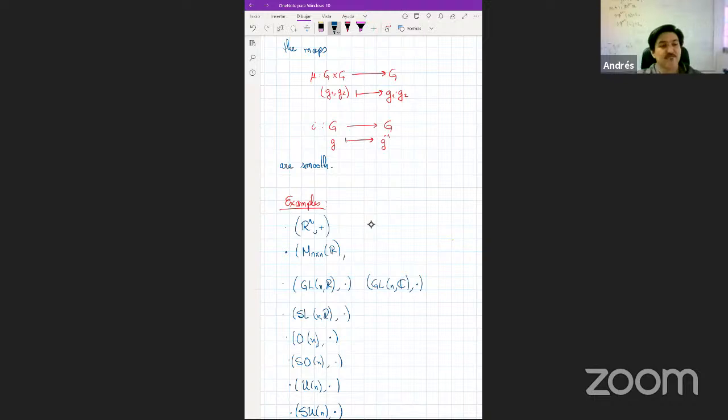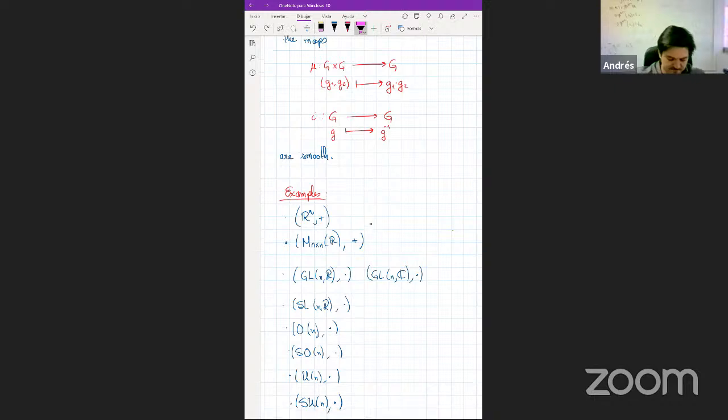The set of n by n matrices. So let's put here the addition, right? That's also a group. And remember that this is Euclidean space. The sum is a polynomial function of the entries. So that's also a Lie group.